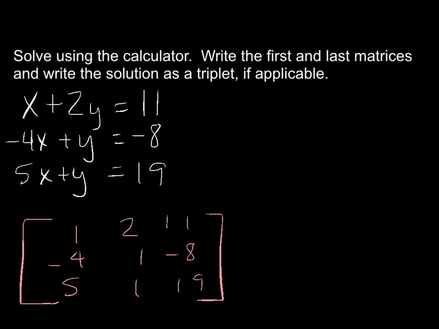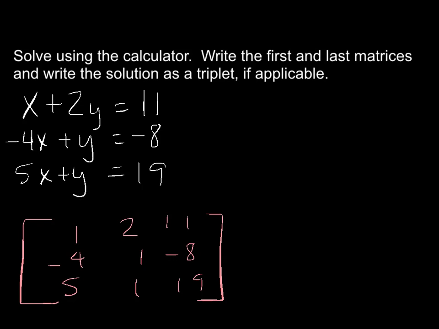To put this in your calculator, you need to go to your matrix, so second matrix if you need it. Go over to Edit, put in your rows and columns, so this is a 3 by 3, and then put in your entries. Then go back to your home screen, go back into Matrix and choose Math.